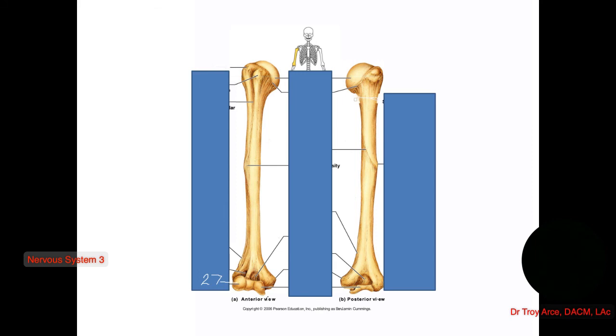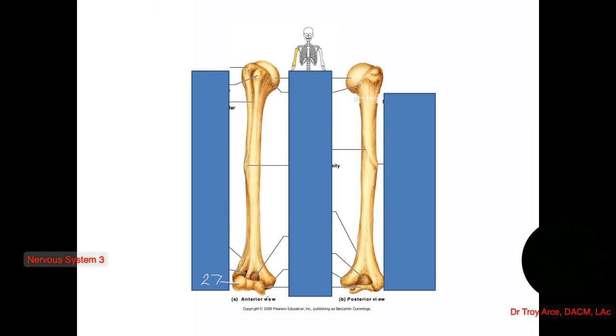So you can always identify and orient yourself if you have the head of the humerus that fits into the glenohumeral cavity. If that's to the medial side, now you just need to identify which side is posterior and which side is anterior.